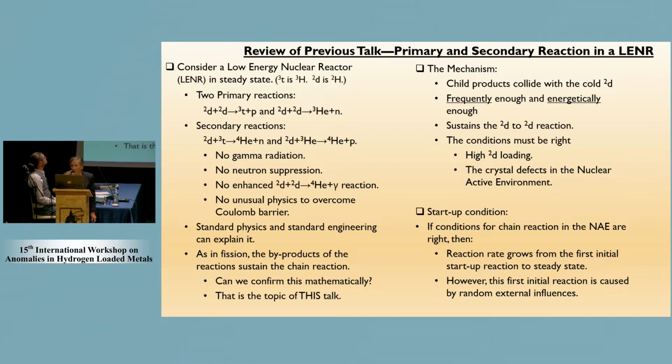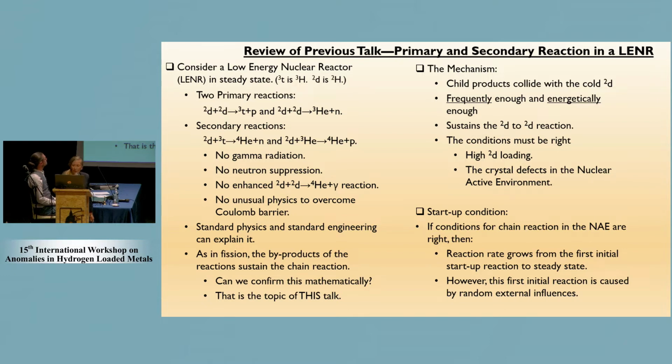There's no gamma radiation, no neutron suppression, no enhancement of the D2 to D2 to H4 plus gamma reaction, no need for unusual physics to explain how to overcome the Coulomb barrier. I show that standard physics and conventional engineering can explain it.